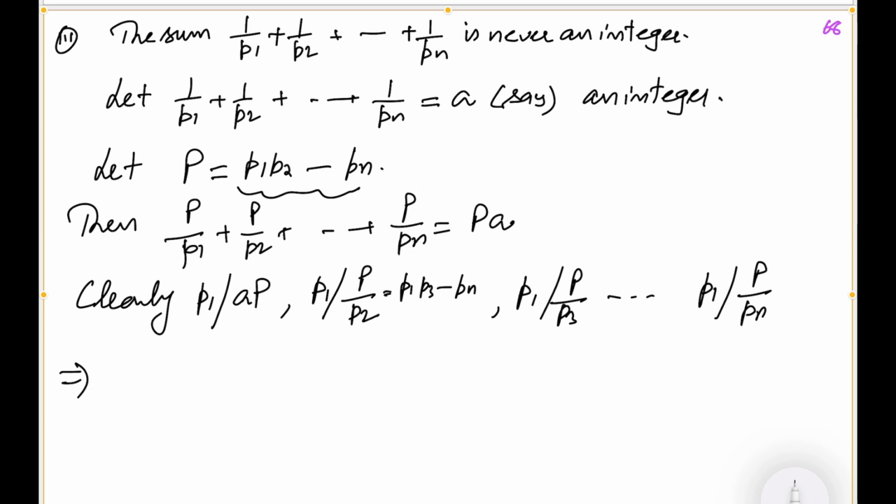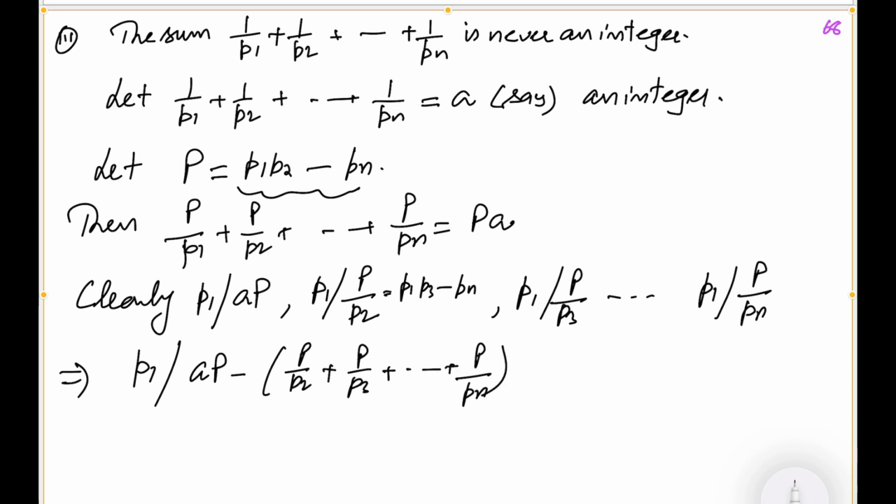So which means if p1 divides all these numbers, then p1 will divide their linear combination. So p1 will divide ap minus P by p2, P by p3, up to P by pn.